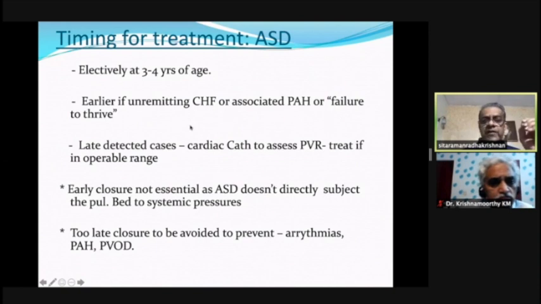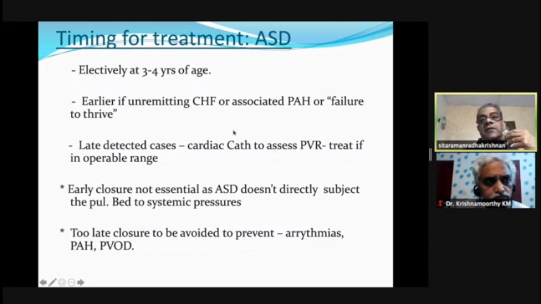A very, very small percentage of atrial septal defect patients will have congestive heart failure. Many of us don't know the reason, or associated pulmonary hypertension or failure to thrive.